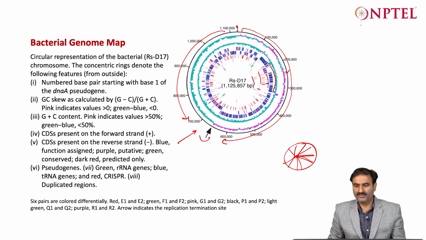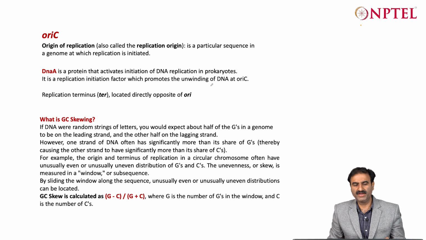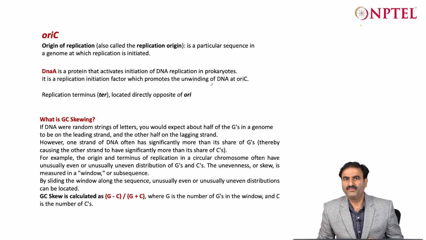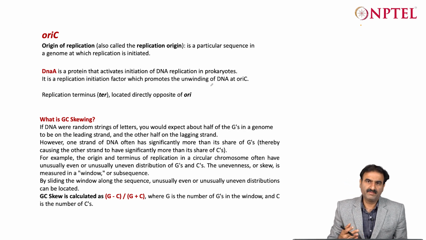So constructing a genome map after the genome assembly is one of the outcomes of your genome analysis. The first gene that we consider is the origin of replication gene, that is the dnaA gene, and we would like to identify that gene and renumber all the genes according to that gene.